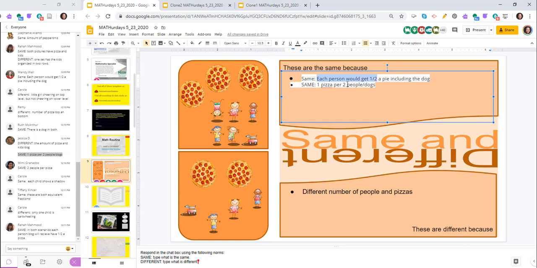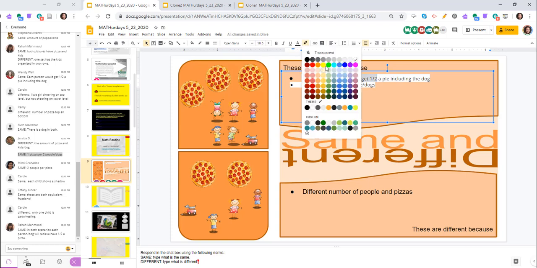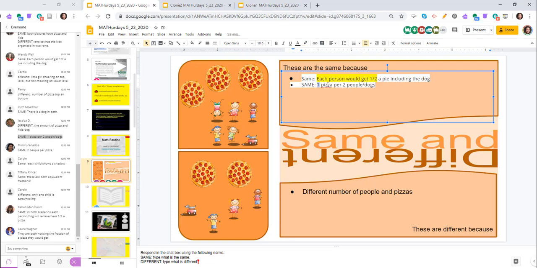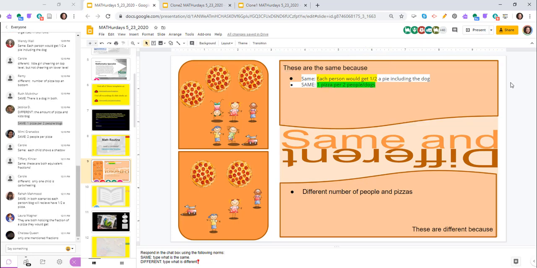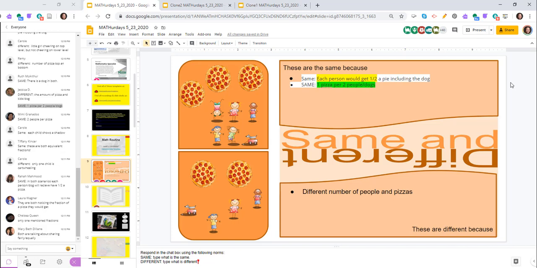And how does that relate to Jessica's? Let me go ahead and highlight that. And then Jessica said, I'm going to highlight Jessica's in green and Wendy's in yellow. How is it that they're talking about the same thing here? Is it the same fraction as 1/2? Interesting, the same fraction.